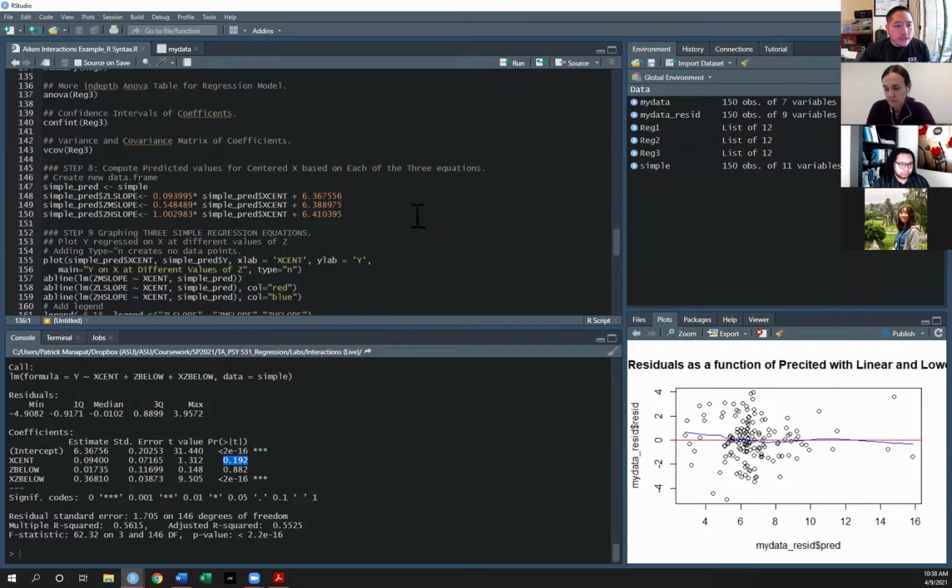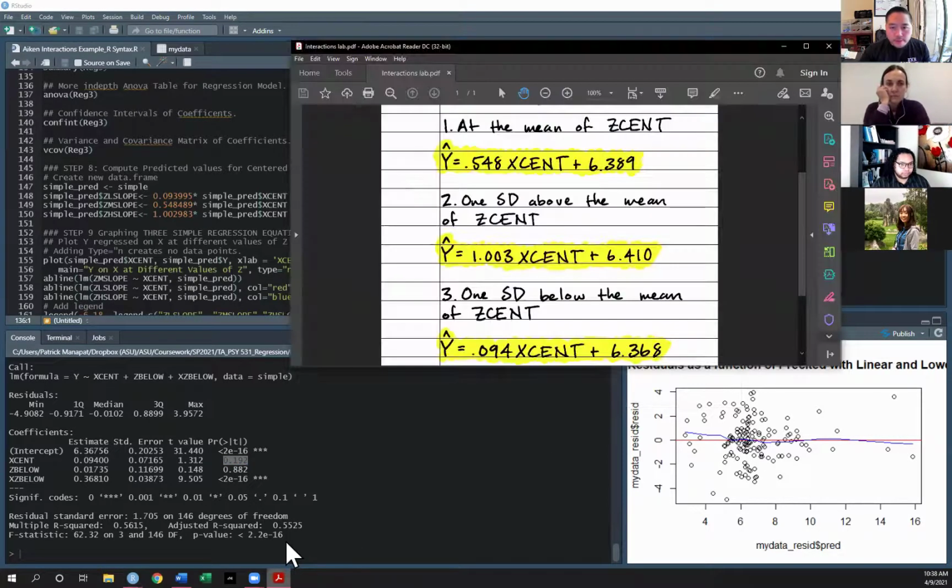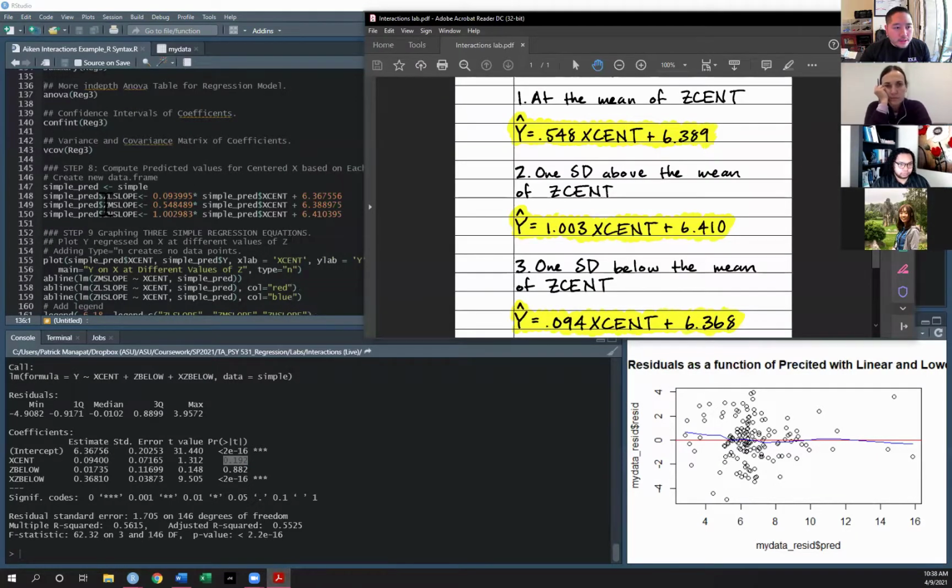So what I'm going to do here is create more new variables using our simple regression equations. One thing I want to point out is this new variable called ZL slope, for Z low.